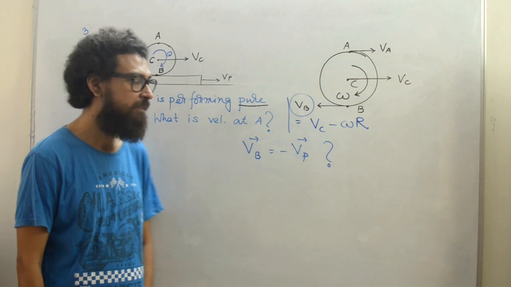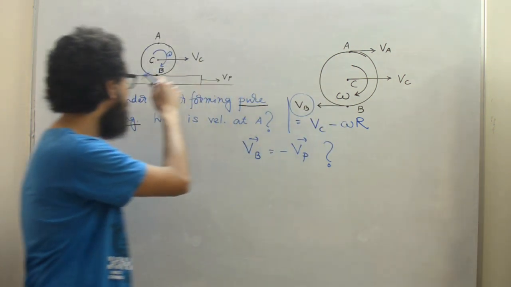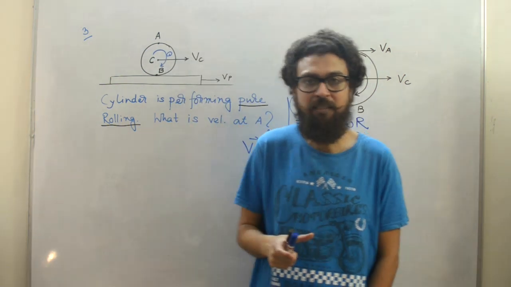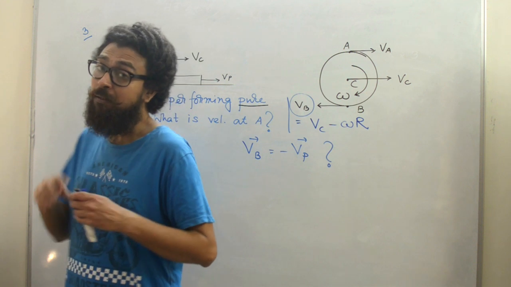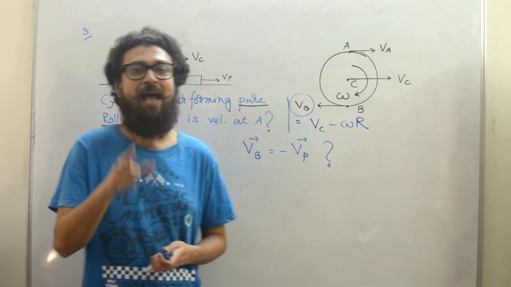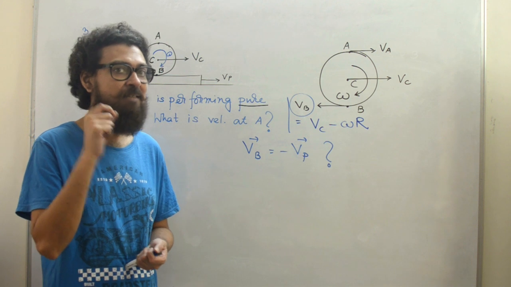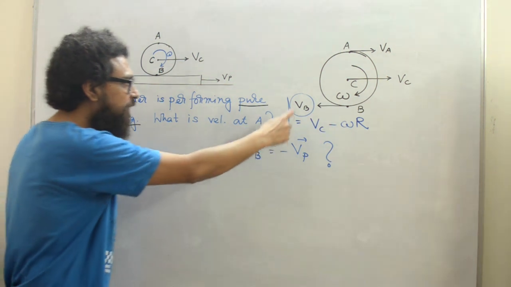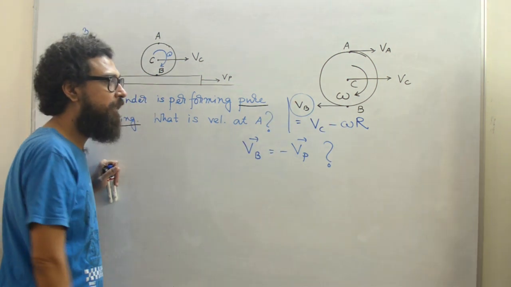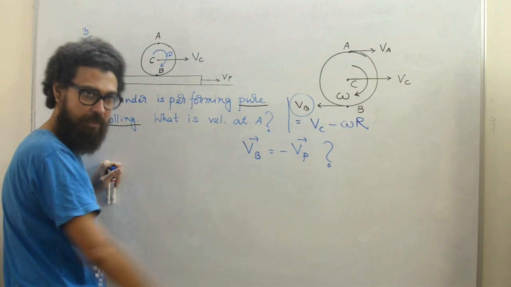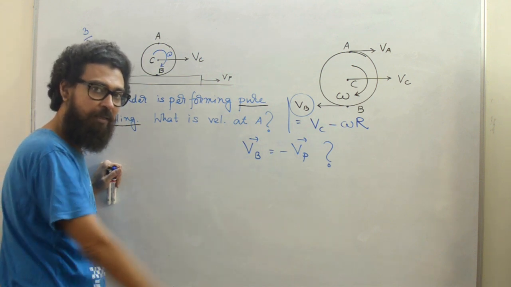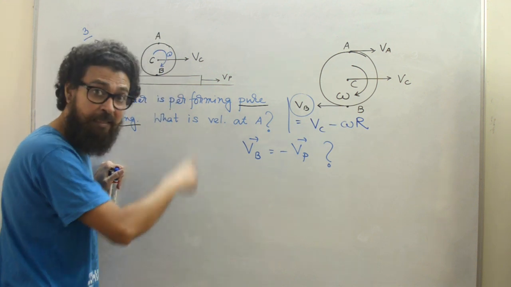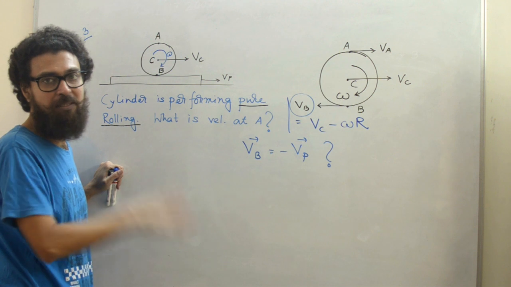The point which is momentarily touching any rigid support on which it is rolling, the cylinder rolling over the plank, should be at rest for an instant, because otherwise we won't get the torque to rotate. So if these two are not equal and opposite, then the point B won't be momentarily at rest. It is very, very important. Please understand this.